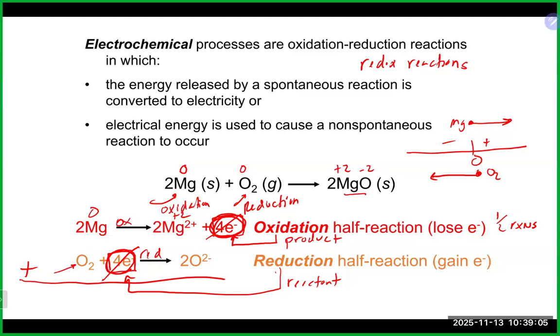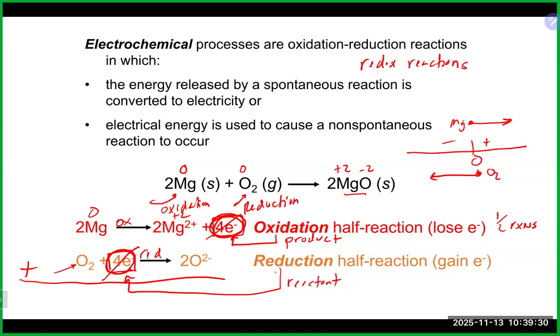Now, when you write half reactions, you may not always have an equal number of electrons in each half reaction. So sometimes before you add those half reactions back together, you need to multiply one half reaction or both half reactions by a common number to get the electrons to be the same. But when you put them together, electrons should always completely cancel out.